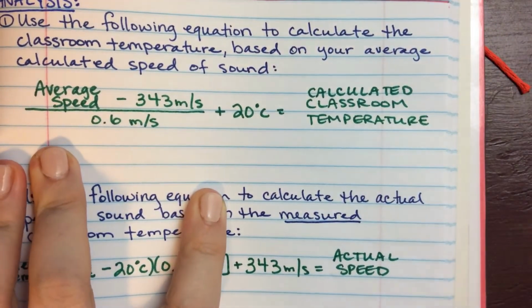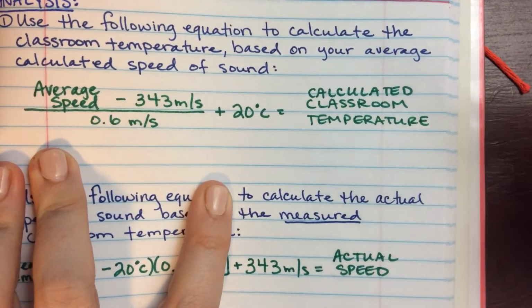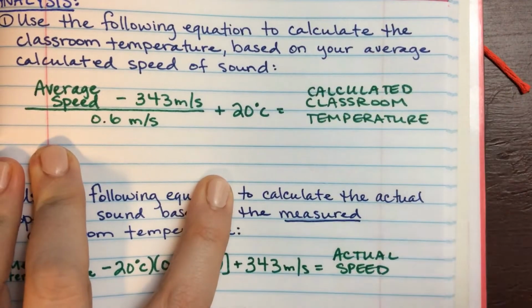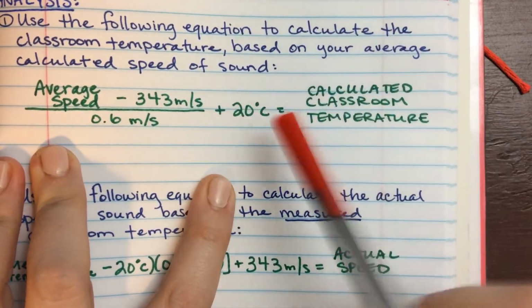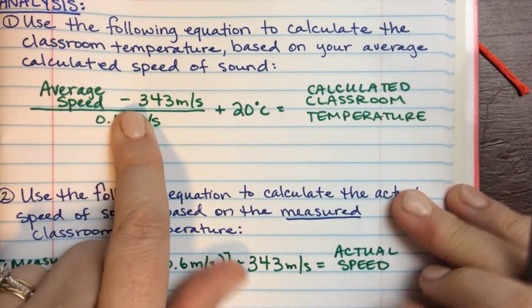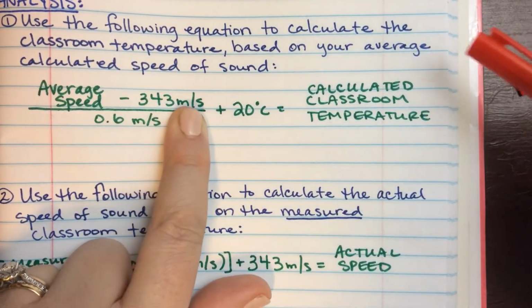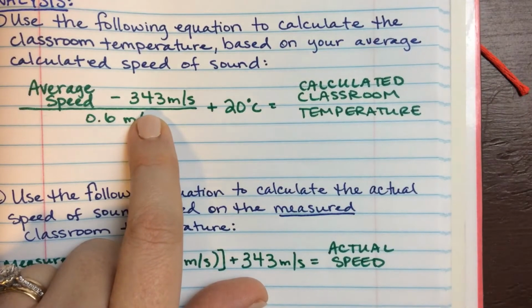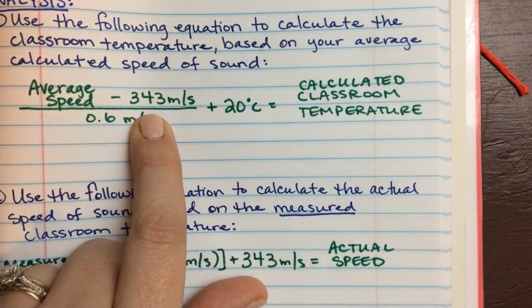If I had to guess what the temperature in the classroom or inside the tube was going to be just based on my calculated speed, this is how I would do it. My average speed minus 343 meters per second, which, as you know from your notes, is the speed of sound in room temperature air.